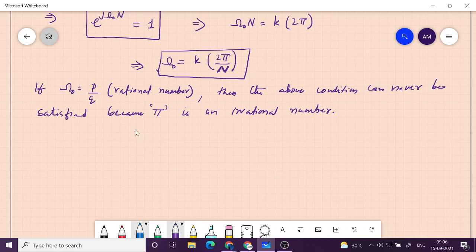This was not a restriction for continuous time, but it became a restriction only for discrete time.